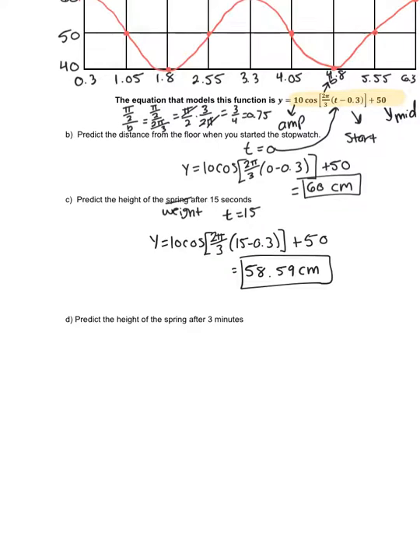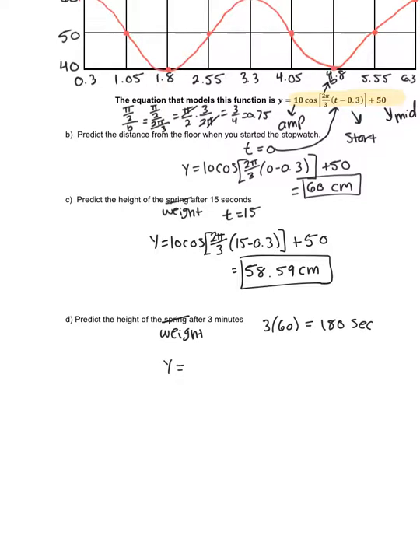Okay, predict the height of the, again, this should say weight, after 3 minutes. So just like on the other question, since our equation is using seconds as its base unit, we need to change this 3 minutes into seconds. So I'm just going to multiply it by 60. So that 3 minutes is going to be 180 seconds.